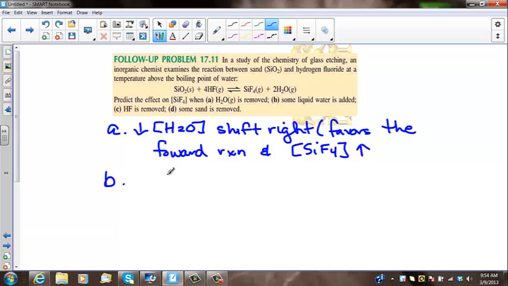B, some liquid water is added. This is an all gas equation because it's above 100 degrees. Remember, this is occurring at above 100 degrees.